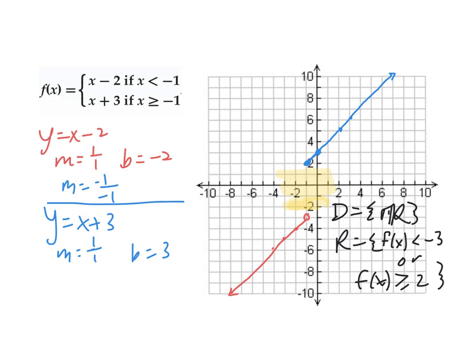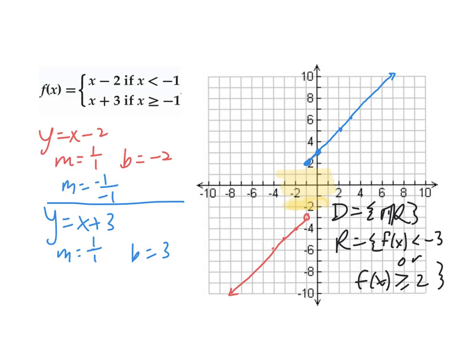You're either down below, where f of x is less than negative 3, everything from here and down. So think about those boundaries that we did with the absolute value. It's the same idea. Right here I have an upper boundary, so at negative 3 or below. Or it's going to be up here where I have a lower boundary where y is 2 or f of x is 2 or above.